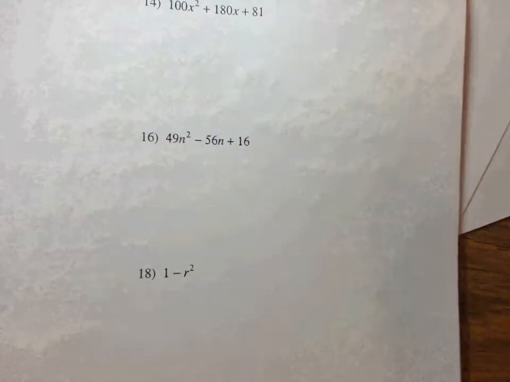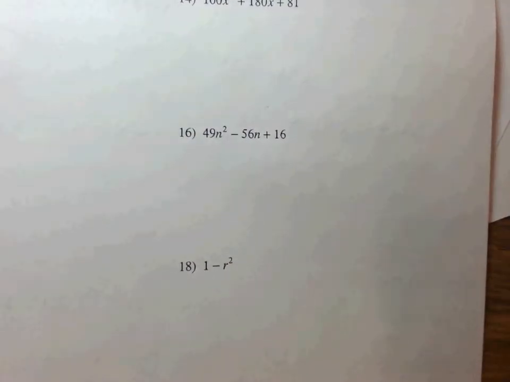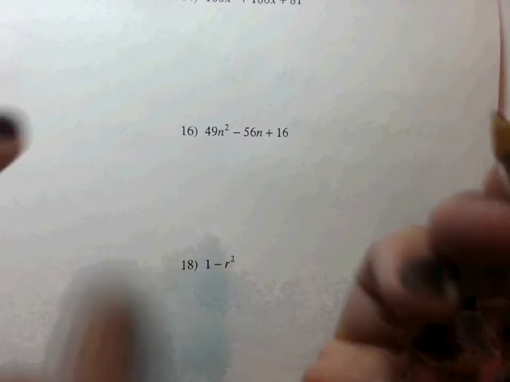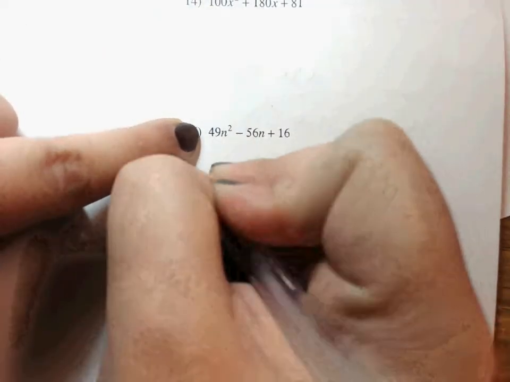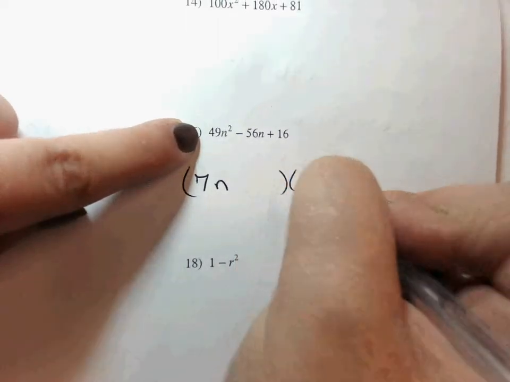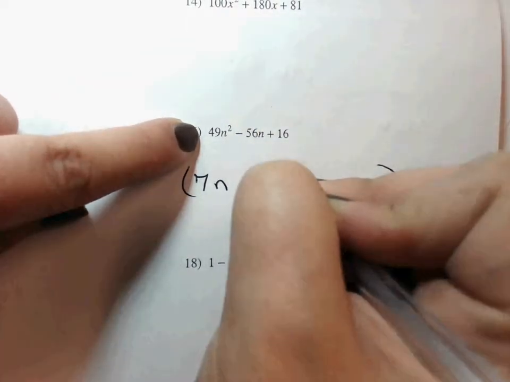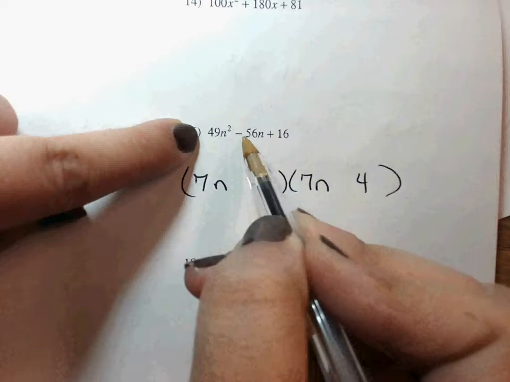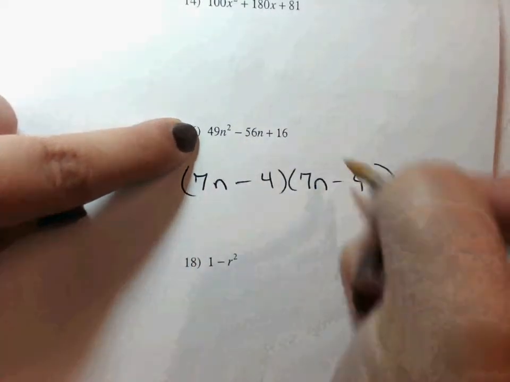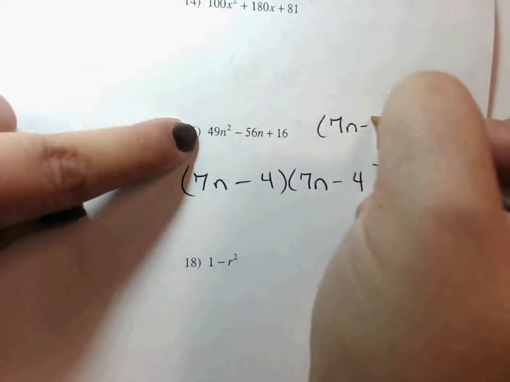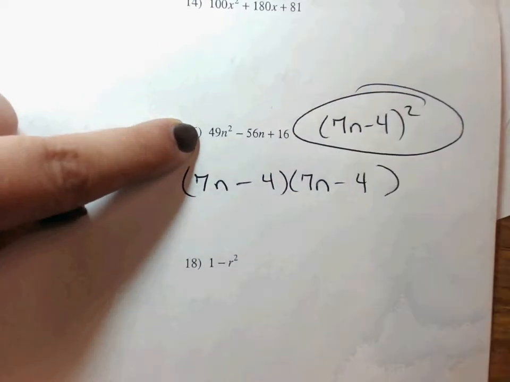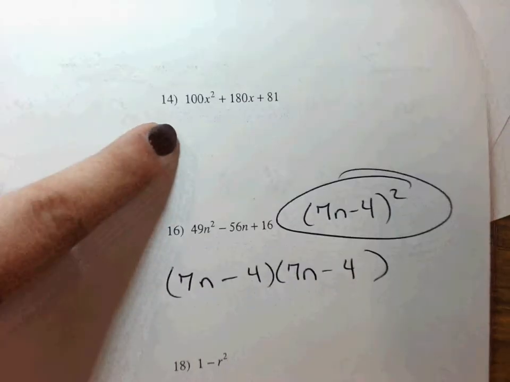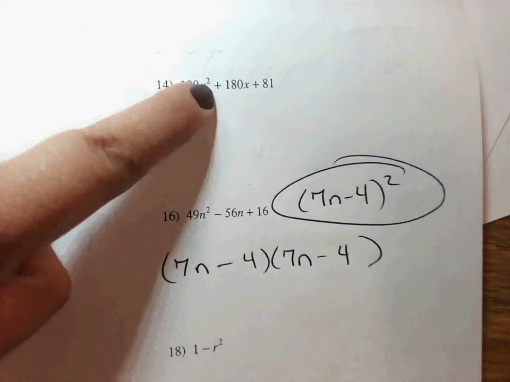Let's do 16. So again, square root of 49 is 7. Square root of 16 is 4. The middle's negative, so you put a negative here, so your answer is 7n minus 4 squared. 14, the middle's positive.